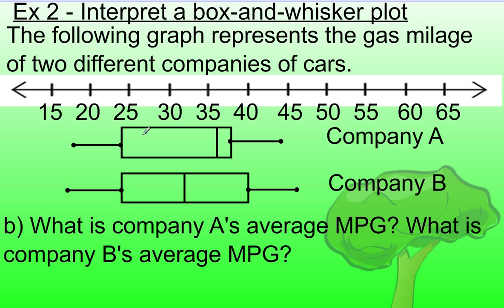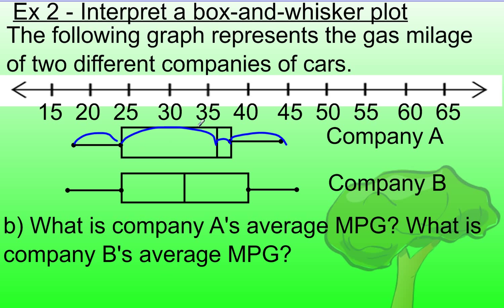Yes, it's the middle of our picture, but remember what we said. There are 4 sections here. 1, 2, 3, 4. Each section represents the same number of data points. The reason why some sections are bigger is just that in that area, those numbers are more stretched out. In this area, the numbers are really close together, but they contain the same number of data points.